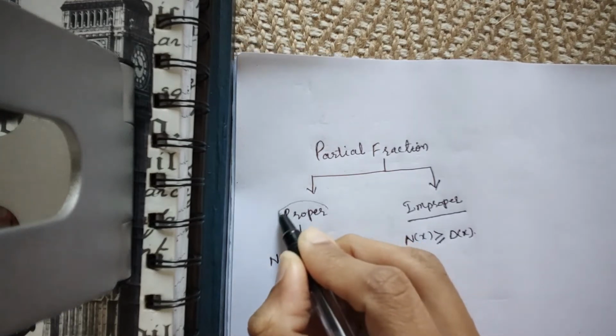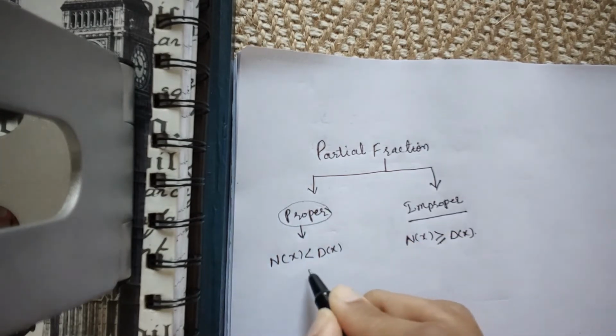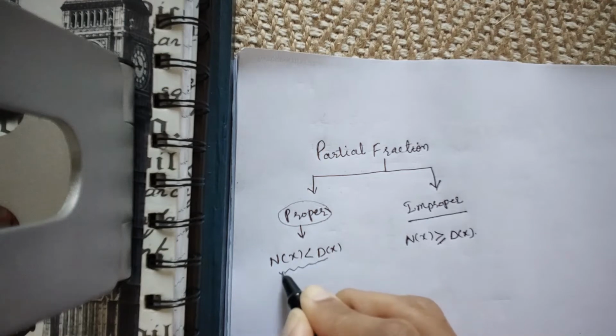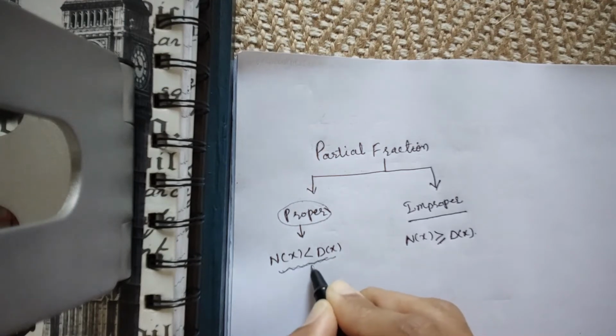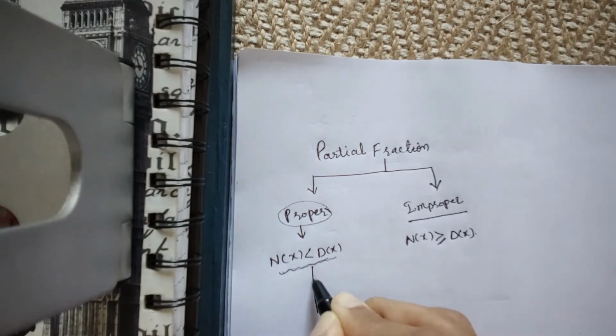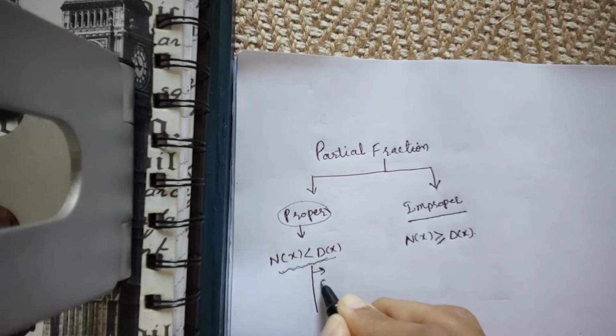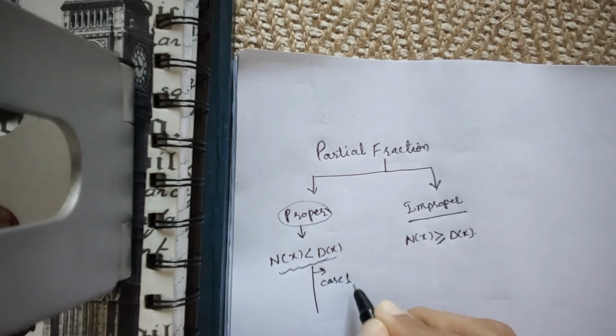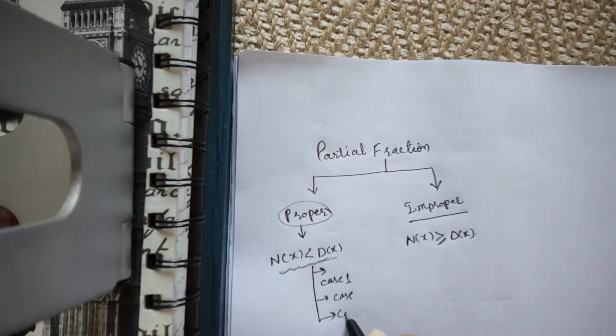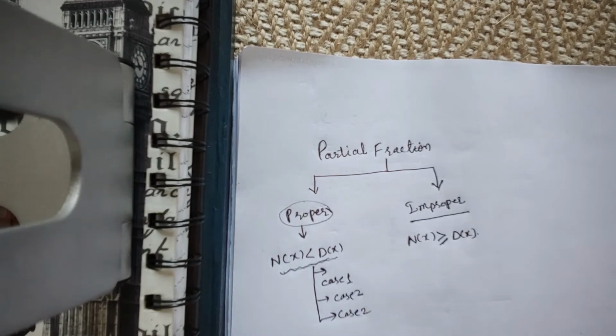So we have seen that for the partial fraction of the proper fraction, if it satisfies this condition, then we can solve it by using case 1, case 2 or case 3. We have a detailed lecture on it.